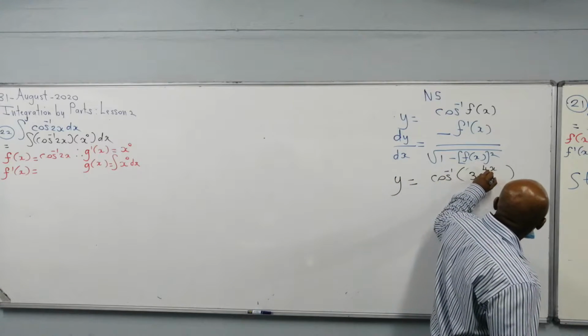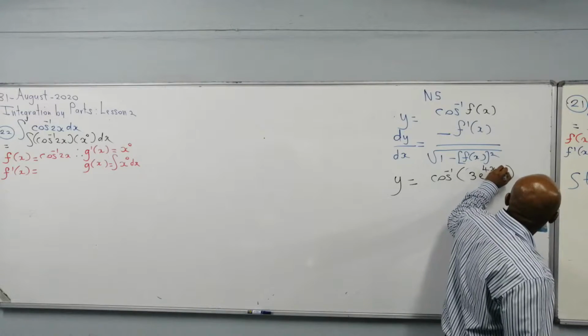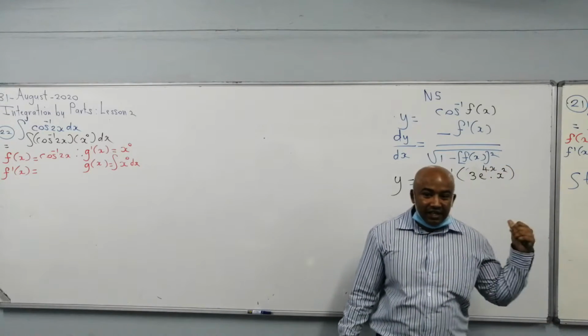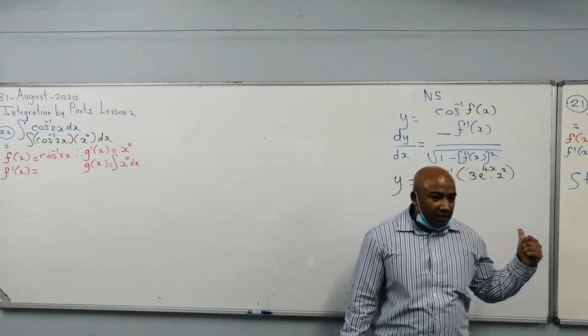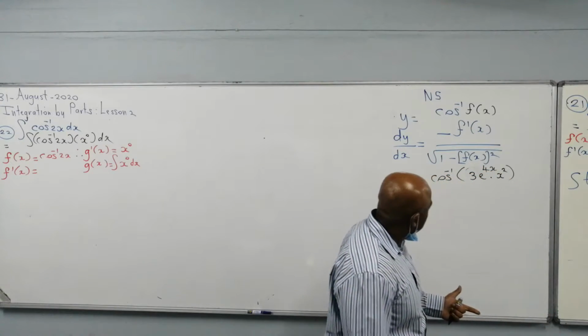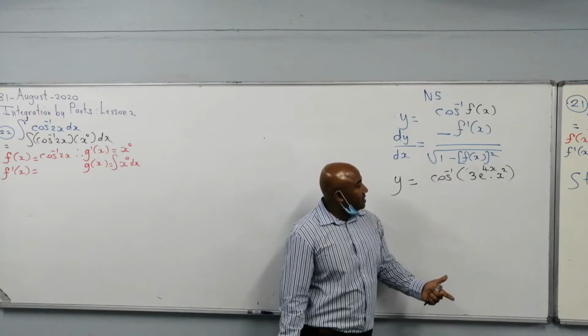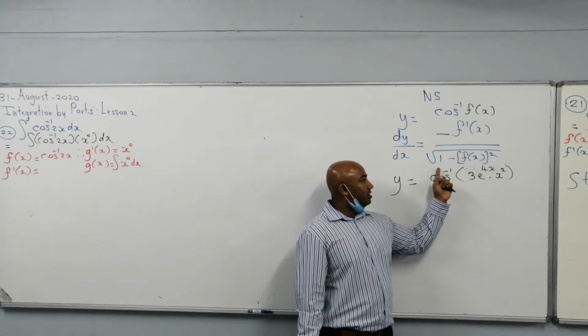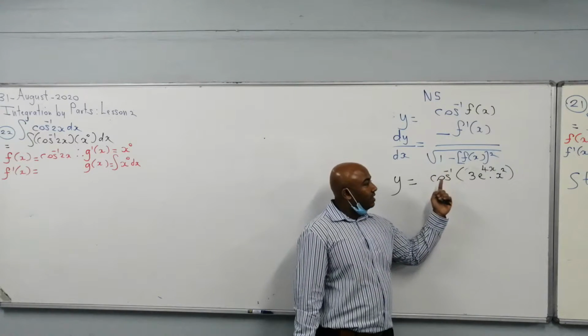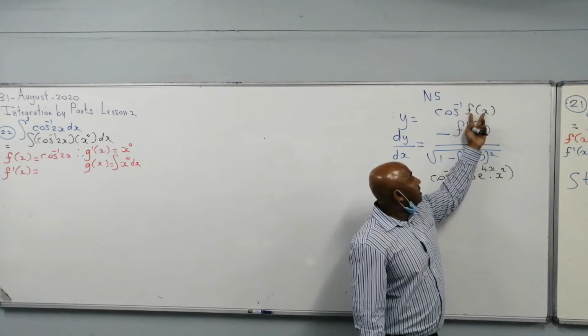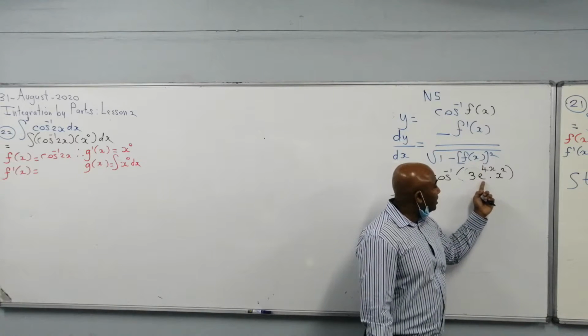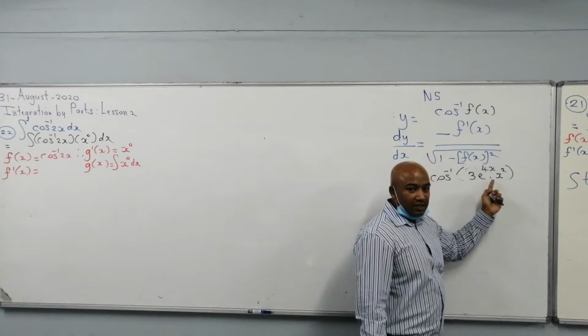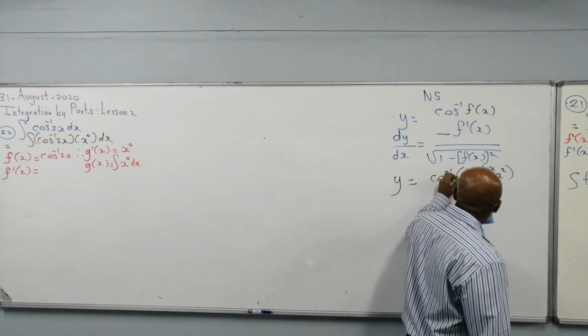Let me put down times x squared. This is like an N5 exam question, right, where we differentiate. So let's read this now. This is inverse cos or arc cos, and then inside here the f of x is 3e to the power 4x times x squared. Right.